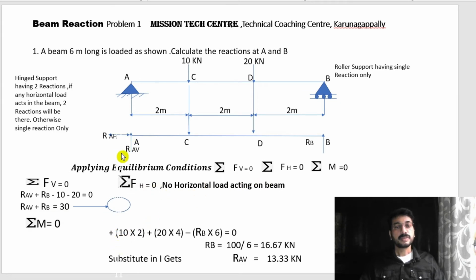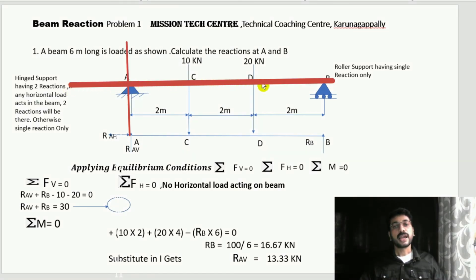Then taking moment about moment center A. First of all, draw a horizontal and a vertical line passing through the moment center A. The horizontal line is met by the 10, 20 and RB forces.